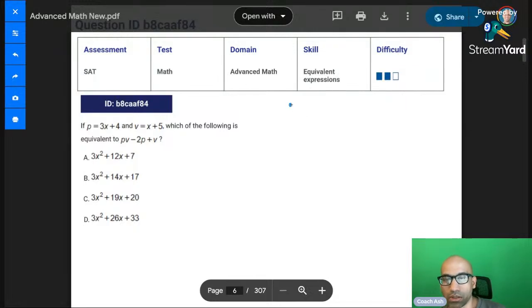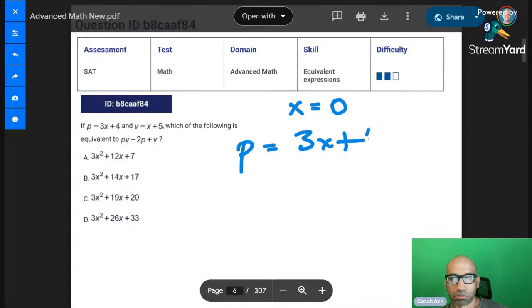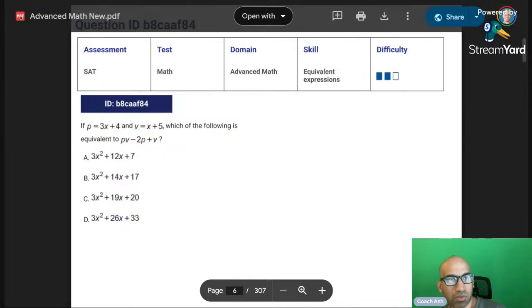What you want to do is just make x equal to 0 and put the value in. So p is equal to 3x plus 4. Put x is equal to 0. What does that mean? Done. p is equal to 4. And if you put x is equal to 0 here, you get v is equal to 5.